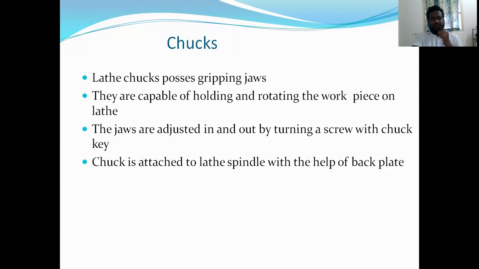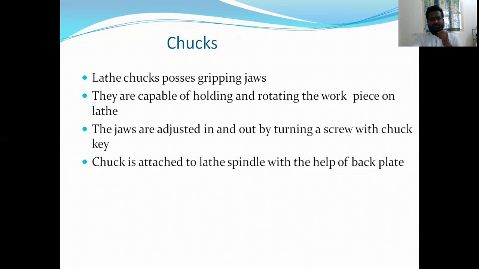Lathe chucks have jaws. These jaws are turned in and out by rotating a key on its top, and they hold the cylindrical workpieces.